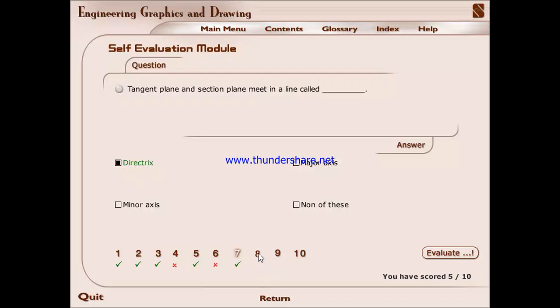Now next, eighth one. Eccentricity of a parabola is always equal to 1. Is it true or false? It is true.